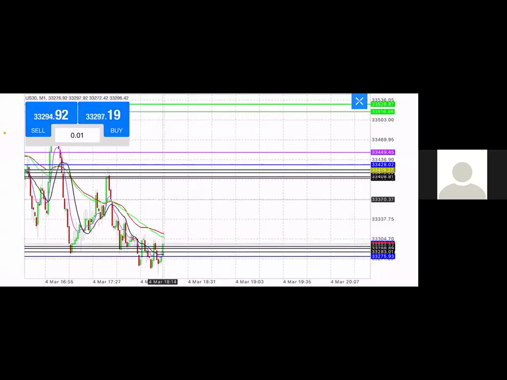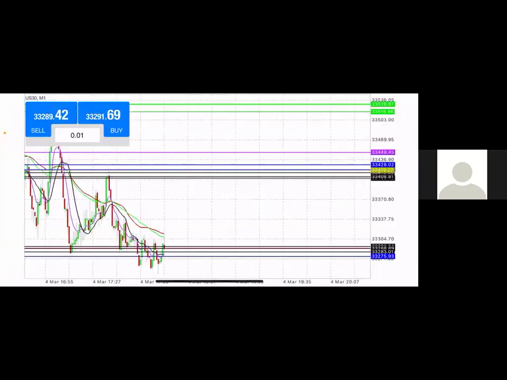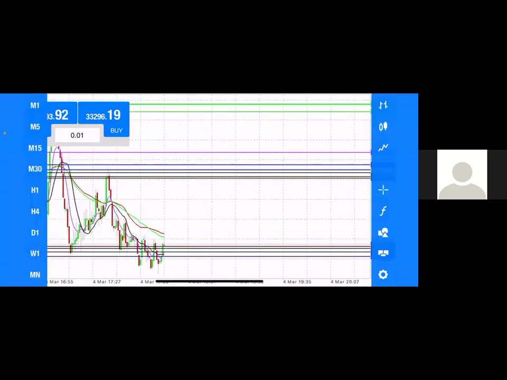So do me a favor, everybody. If you have your phone in your hand, and it's for iPhone users only, I don't know how you Android people survive, you can do it right now and enable your one-click trading. Let me show you how. Turn the phone sideways, press over here on the side.